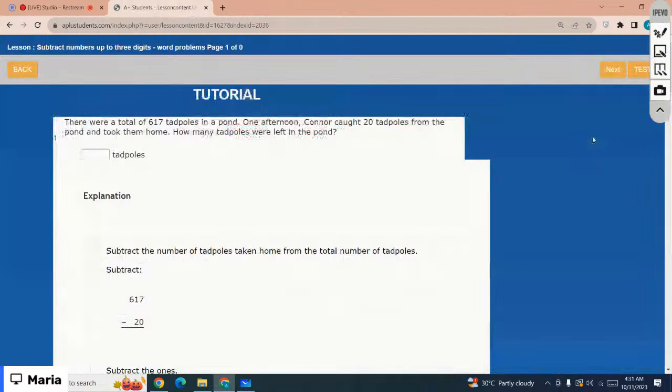Okay, there were a total of 617 tadpoles in a pond one afternoon. Connor caught 20 tadpoles from the pond and took them home. How many tadpoles were left in the pond? So, which is the correct option? Basically, the total was 617. 20 of the tadpoles Connor caught from the pond. Now you need to count the ones that are left. So, obviously, you have to subtract 20 out of 617, right?